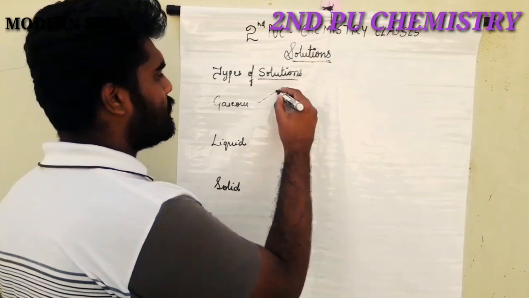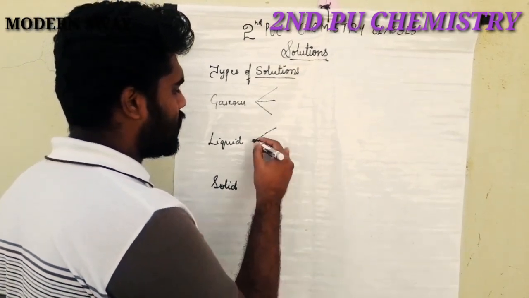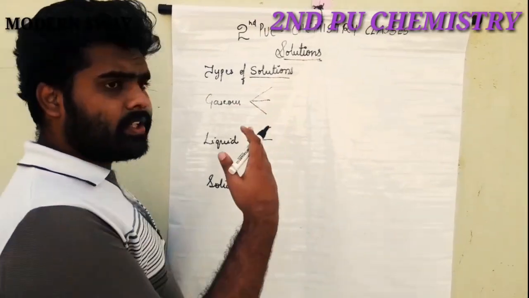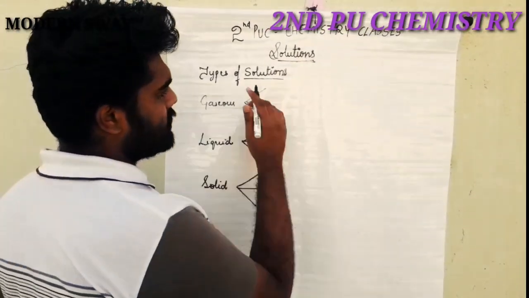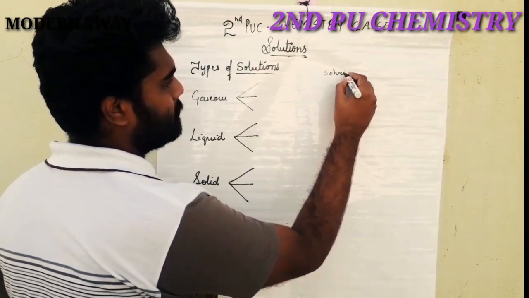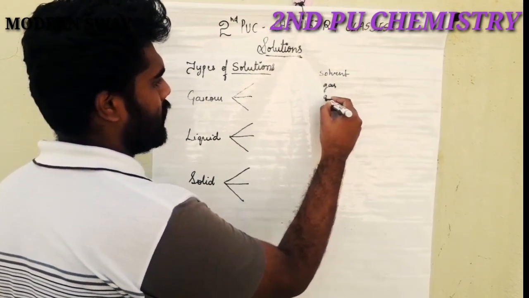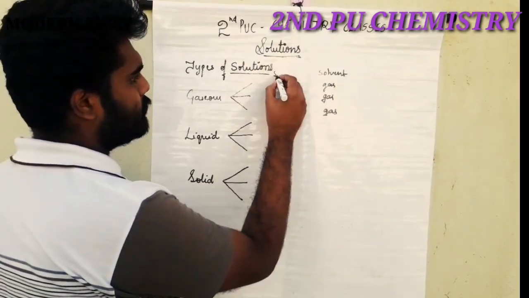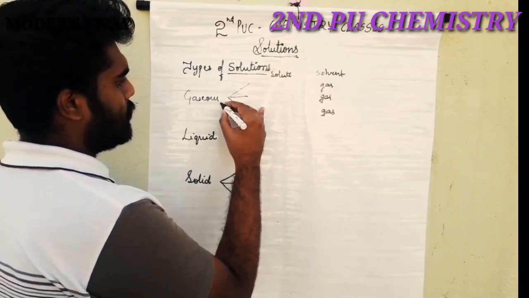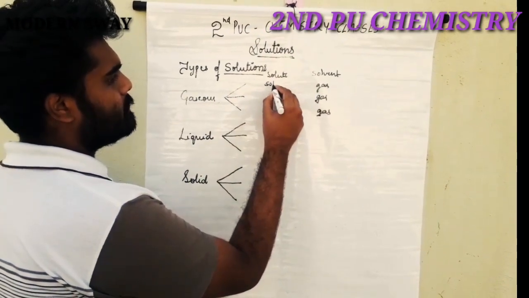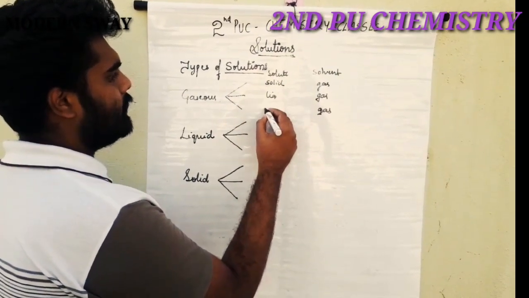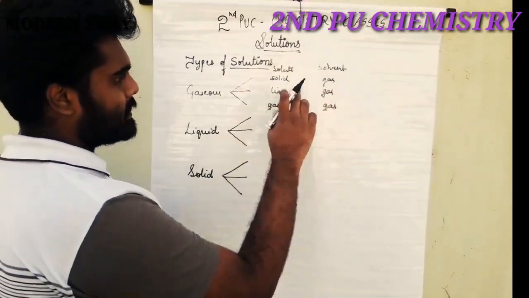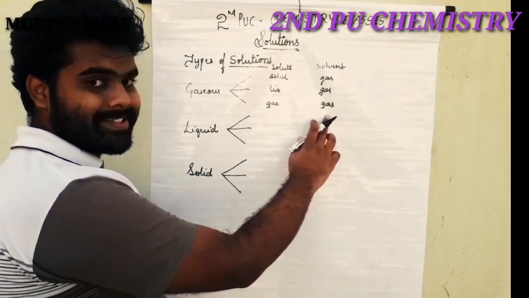Again, we can classify these three kinds of solution into three types each, because the solute can be different. For a gaseous solution, the solvent is a gas everywhere, whereas the solute can be a solid, a liquid, or a gas. So it can be a solid in gas, liquid in gas, or gas in gas solution.